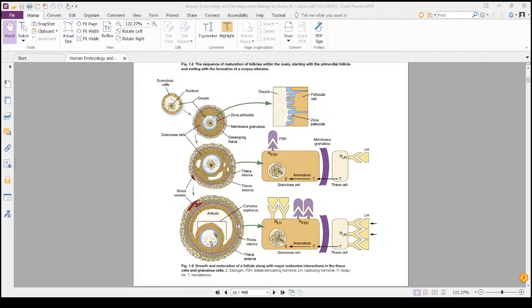What I'm trying to say is, the oocyte and its surrounding follicular cells maintain an intimate structural and functional relationship through two types of transzonal projections, as given in this diagram. One is supported by F-actin, filamentous actin, that you might have learned in class 11th, right?